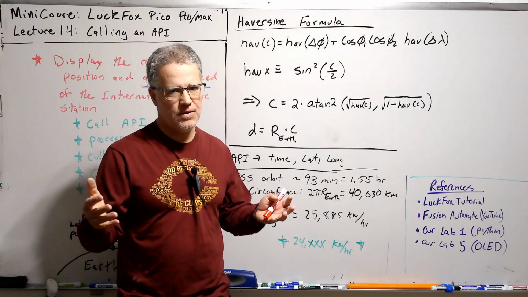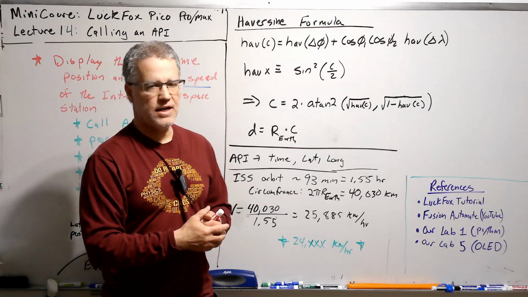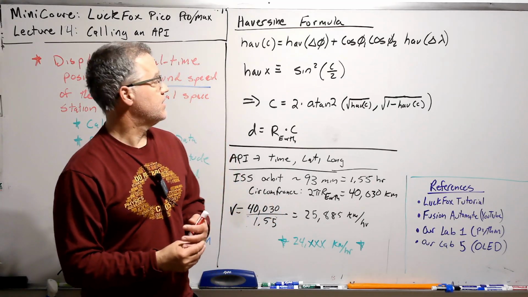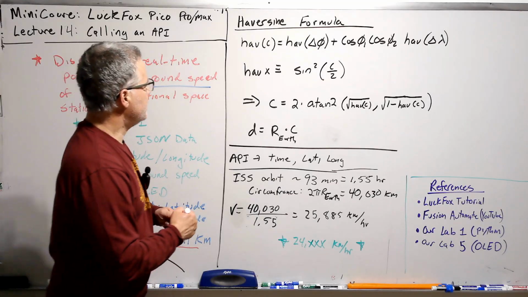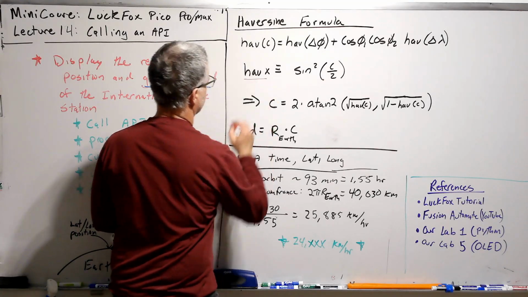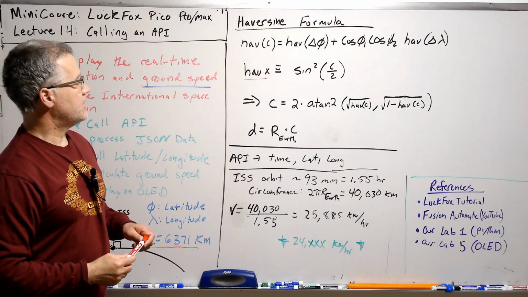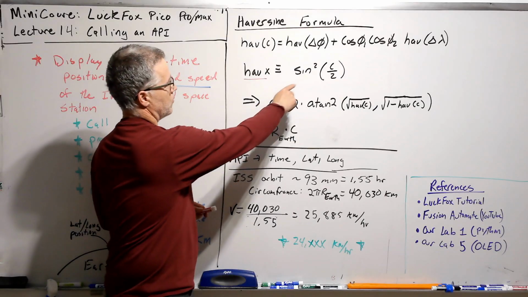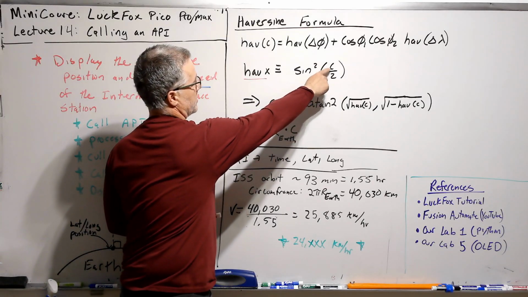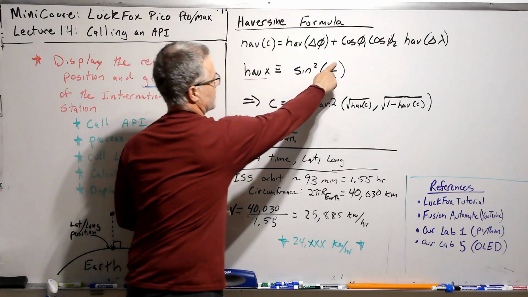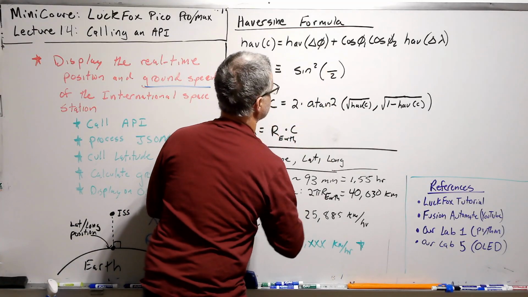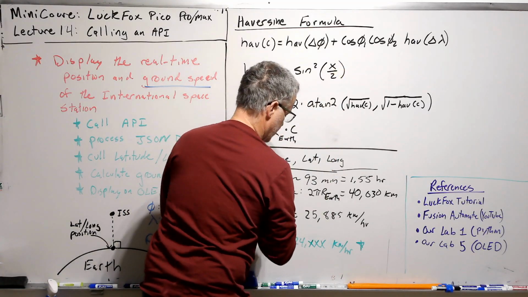And apparently, it's a bit more robust than other methods. The Haversine of x is just shorthand for the sine squared of x over 2.